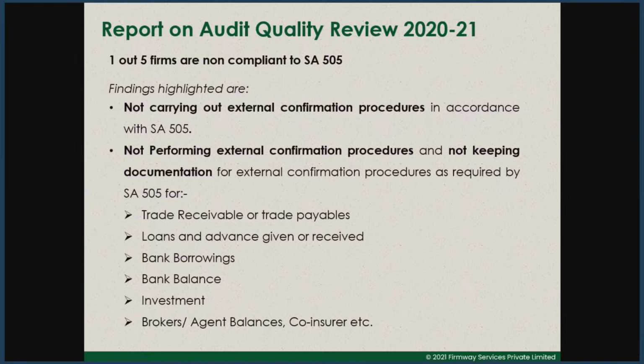Because they are not able to take the external confirmations in a procedure and keep the documentation, not performing external confirmation procedures in accordance with SA 505. Below are a few examples: trade receivables and payables, loans and advances given or received, bank borrowings, investments, brokerage, etc. So to have thorough control on your confirmations and the audit, we have a solution.